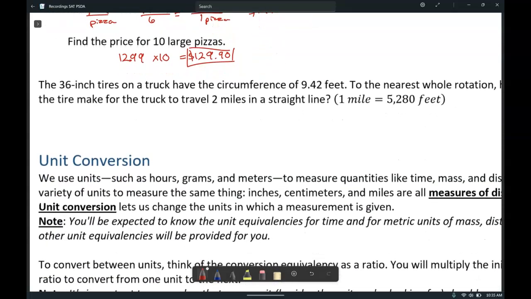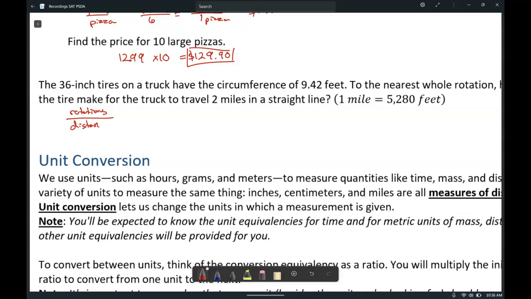36-inch tires on a truck have a circumference of 9.42 feet. To the nearest whole rotation, how many rotations must the tire make for the truck to travel 2 miles in a straight line? And so we want to think about it. We're comparing rotations to distance. We need to think very carefully about that.